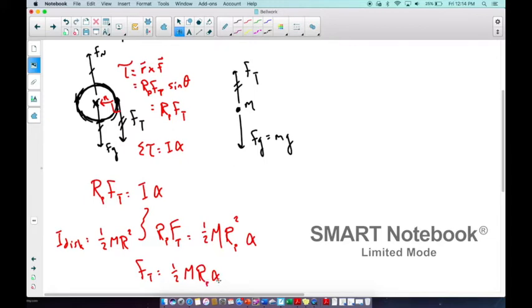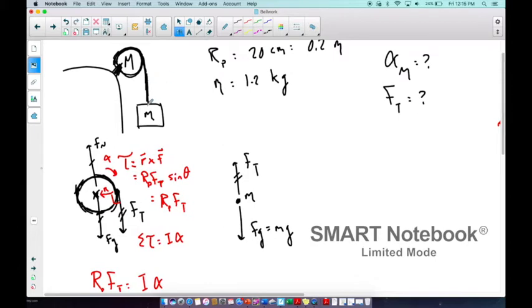If I could just figure out what the alpha is. I wonder if I could figure that out. So I know that this thing is going to be rotating this way. It's going to have an alpha. It's going to be speeding up its rotation that way, obviously, because this force is pointing down. All right. How can I figure out what the alpha is? Well, maybe I could recognize that I have a system of objects here, don't I? This mass, this little m, this box, is attached via the string to this object.